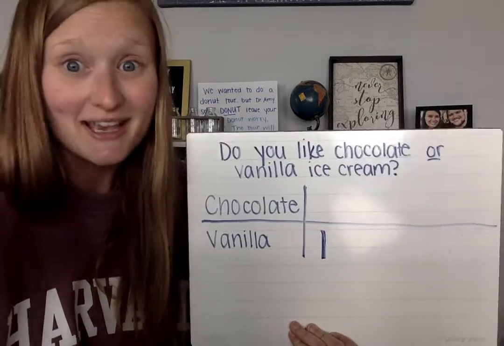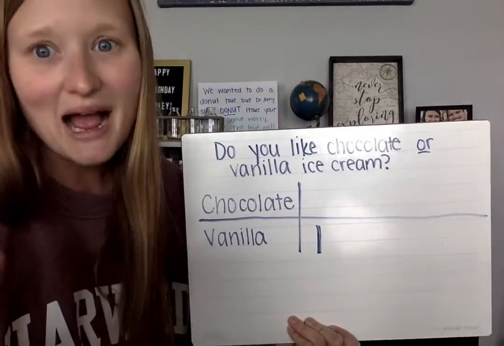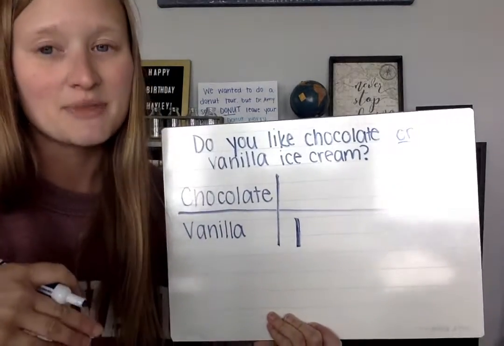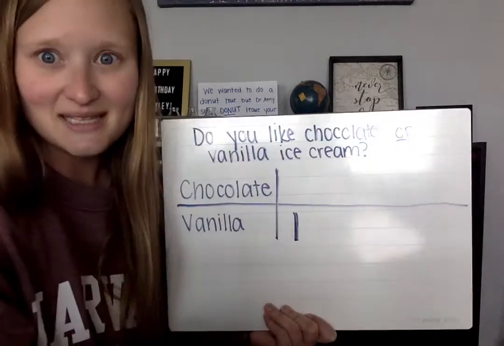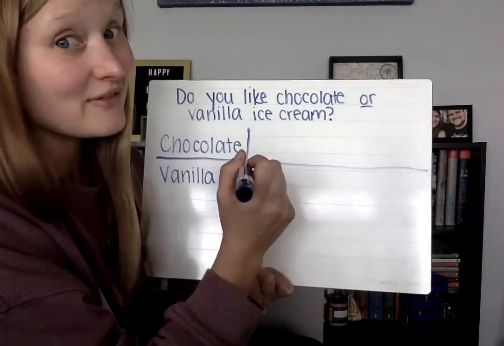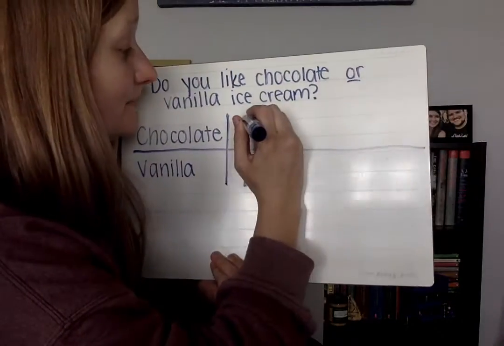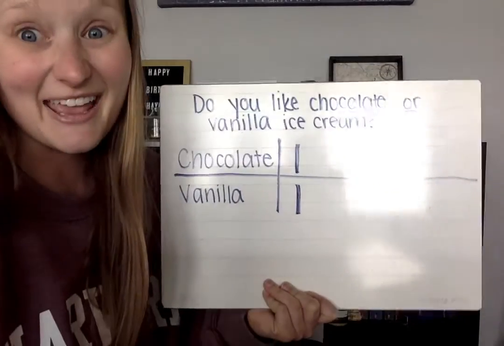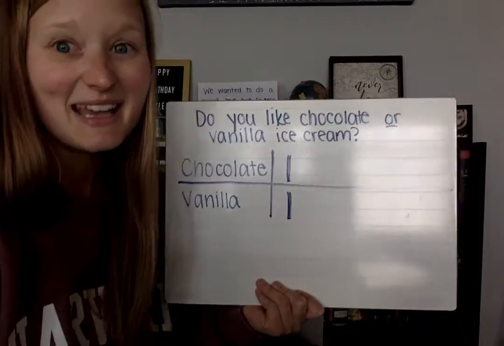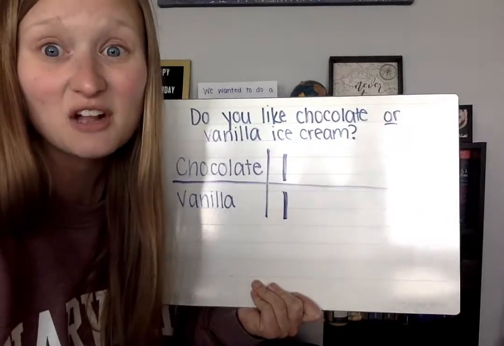You may not. I don't, so I had to call some of my friends and family members before making this video. So my roommate, Miss Sullivan, right now she's on a walk, but she told me that her favorite ice cream is chocolate. I also called and asked my mom and my dad, and they both said chocolate also.